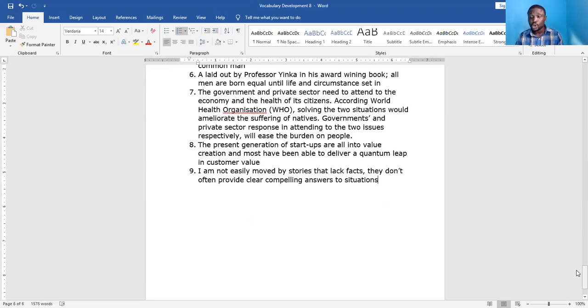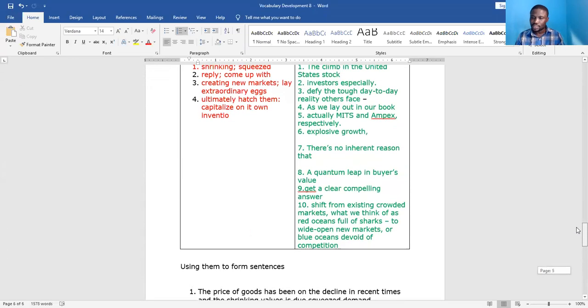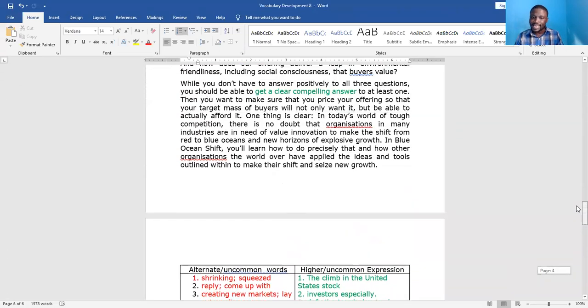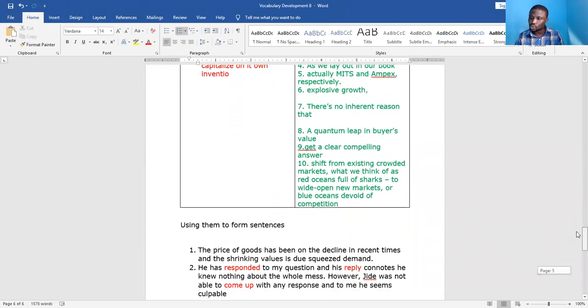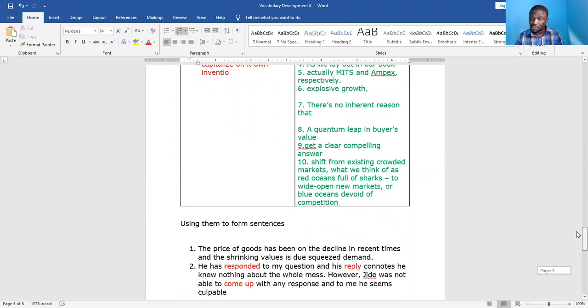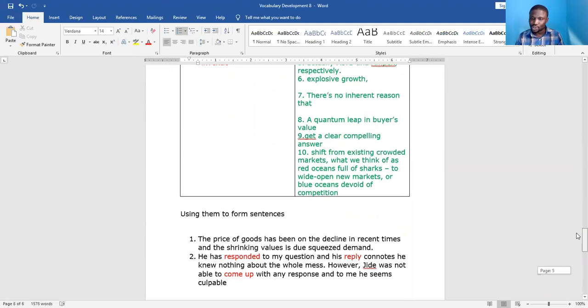If possible, use them in different sentences and find synonyms, words that can replace them, and use them regularly. That's the best way to develop your vocabulary. Pick up journals, especially if you do not have time to read lengthy books. But journals are filled and fraught with different expressions, especially journals from top business school.